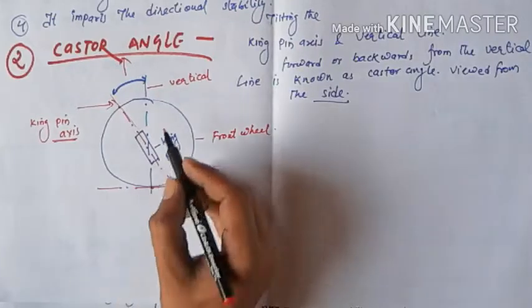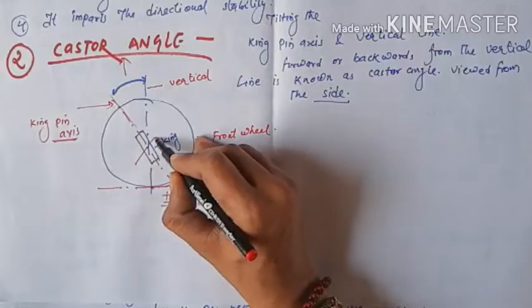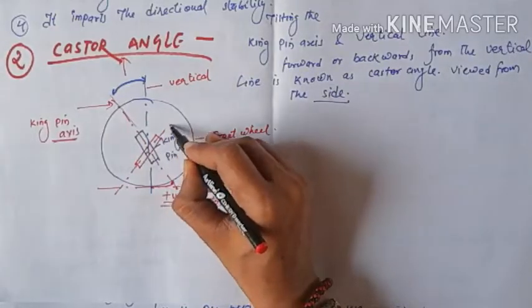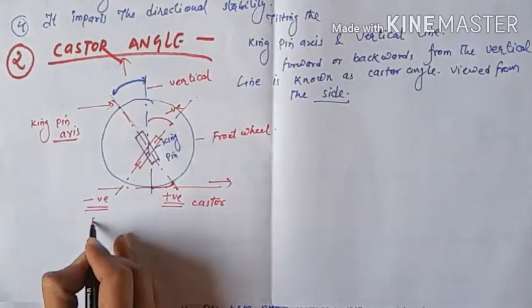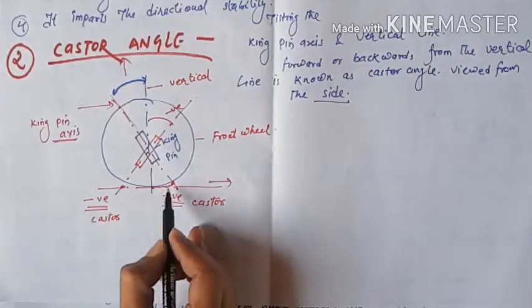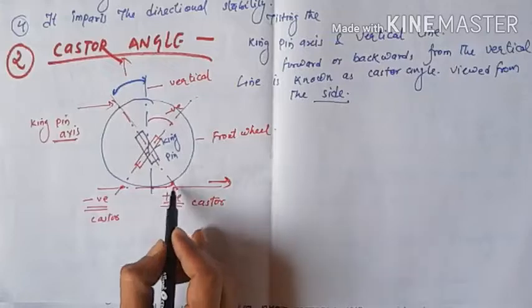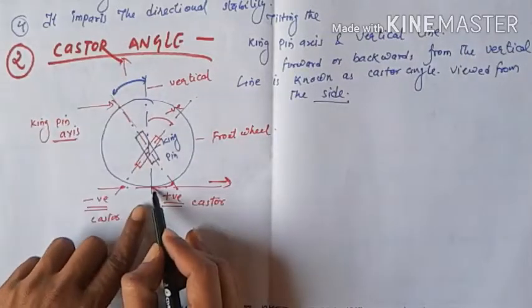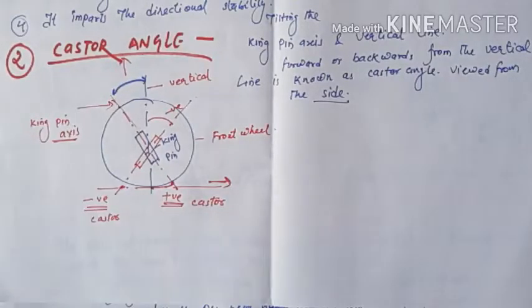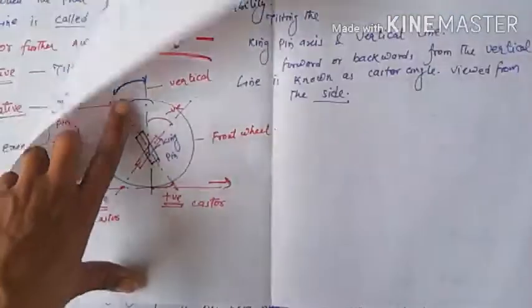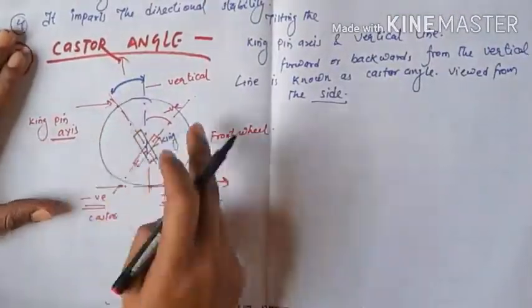And like this, if the kingpin is this and the center line is this, then the angle between them is negative. So here this is your negative caster, remember? So if the kingpin axis line is in front of the vertical plane, then it is known as positive, and if it is on the backward side, then it is known as the negative caster. When the top of the kingpin is inclined in the backward direction, that means this is positive and this is negative.